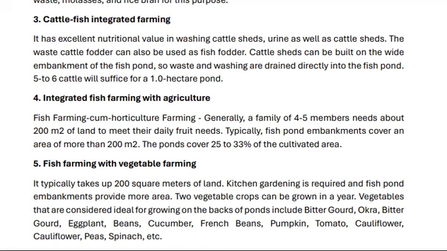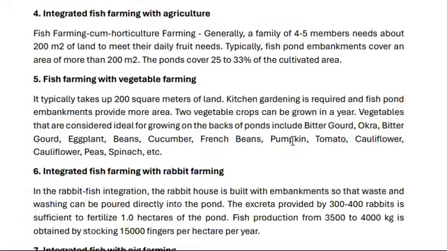Then we also have integrated fish farming with vegetable farming. Then we have integrated fish farming with rabbit farming, wherein the excreta or manure of the rabbits are used to fertilize the pond.